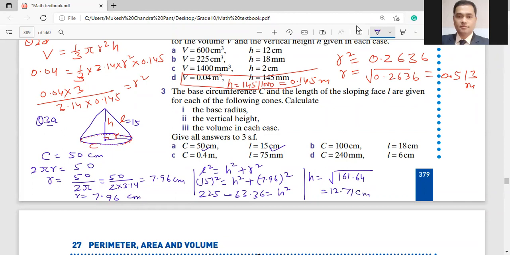So we have found the radius and the vertical height. Now we have to find the volume. You know what formula to use: V equals 1 over 3 pi r square h. 1 over 3, pi is 3.14, r is 7.96 whole square, h means 12.71. You can do this calculation yourself, and you'll get the volume of this one.